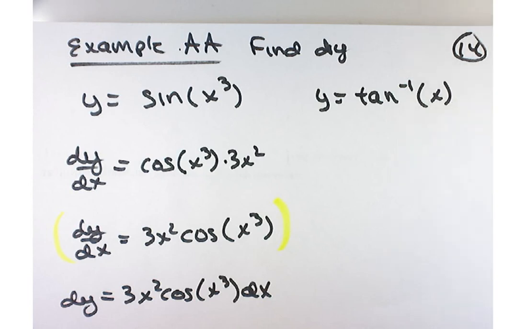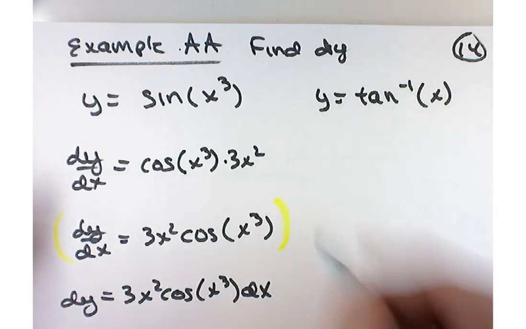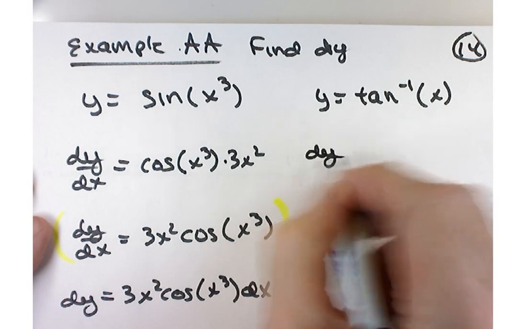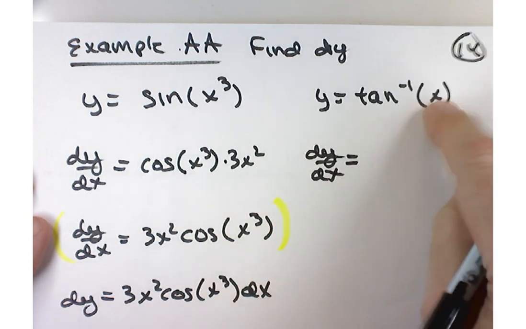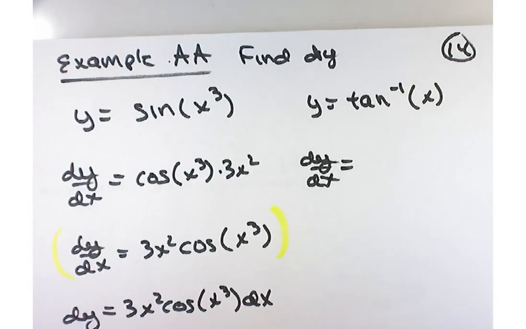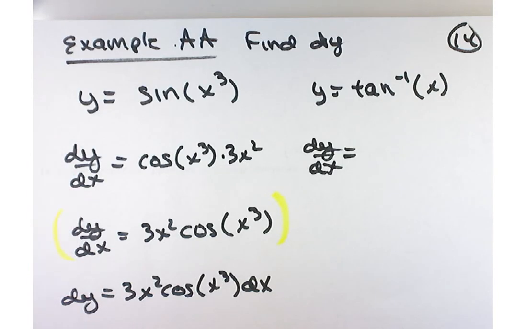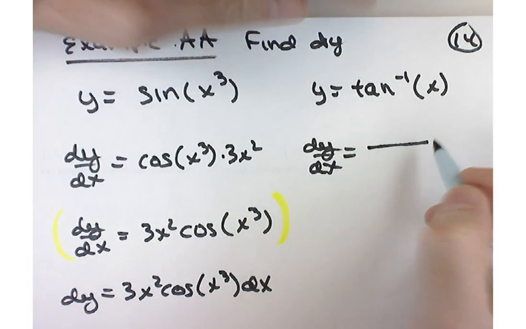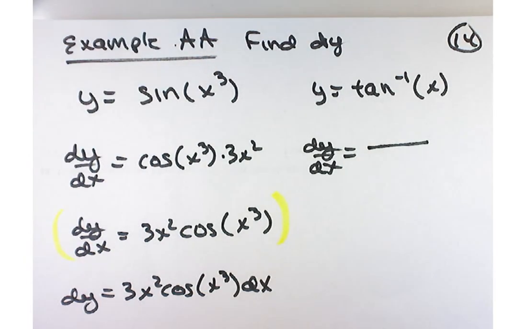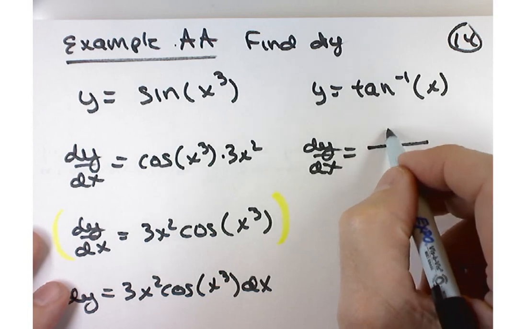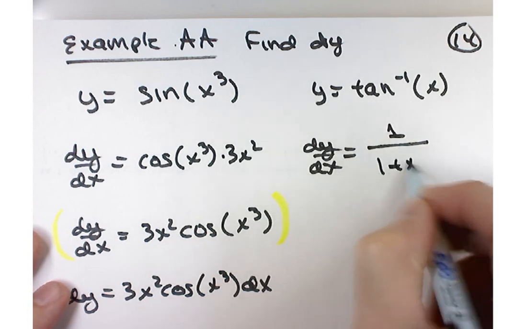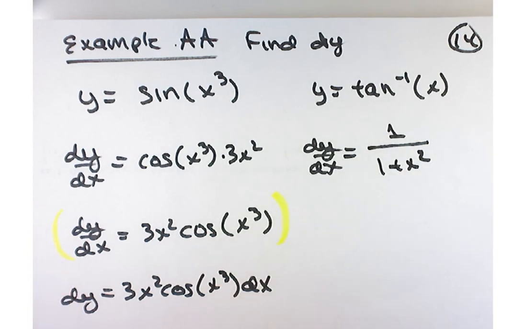Let's do that again with this one over here. dy by dx. It's not something that I use very much in a Calc 1 semester, but it's going to become more important in Calc 2. So hopefully you at least have the derivatives memorized. Derivative of the inverse tangent is going to be 1 over 1 plus x squared. But here again, you've got dy by dx.